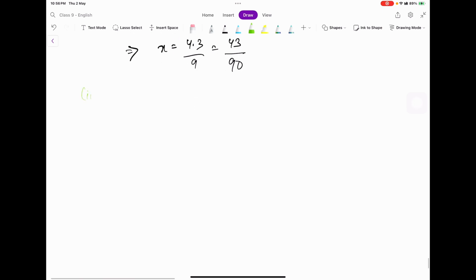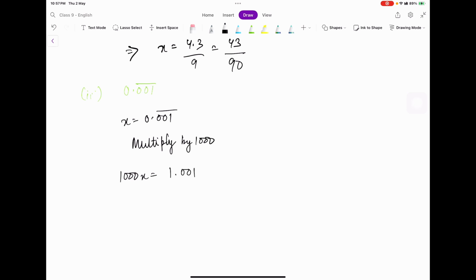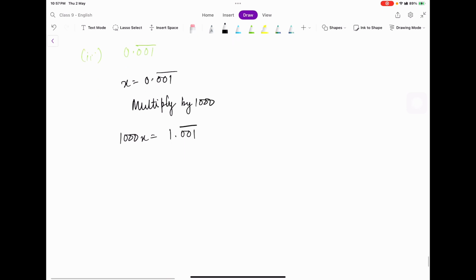Then the third question. Here x equals 0.001001, where the whole three digits are repeating. So let x equal 0.001001. Multiply by 1000 because 3 digits are repeating. So 1000x equals 1.001001, which is repeating again.